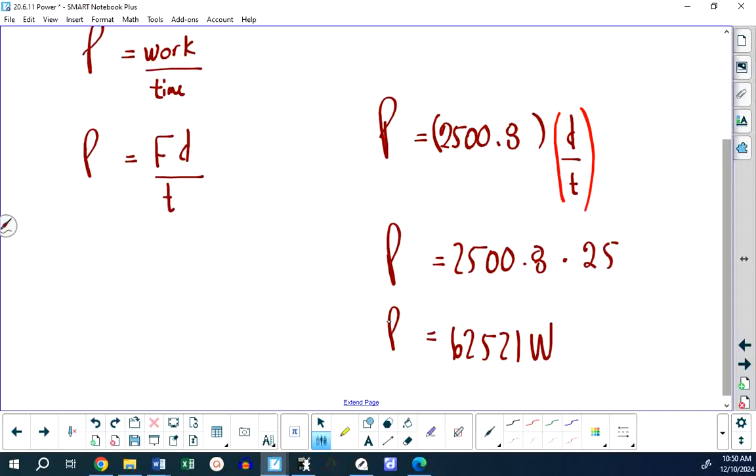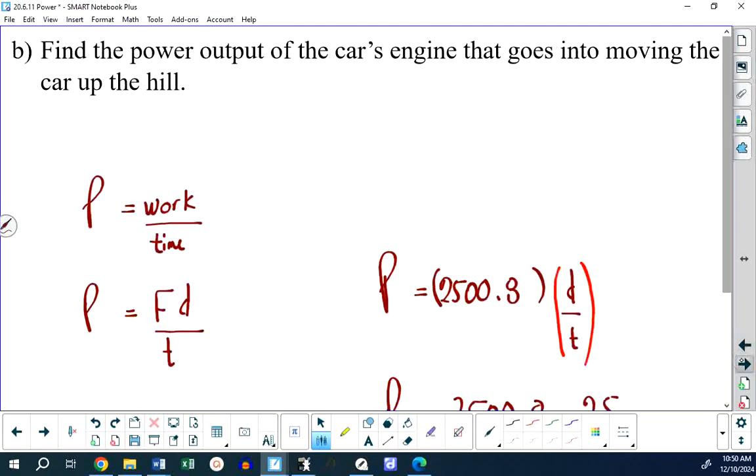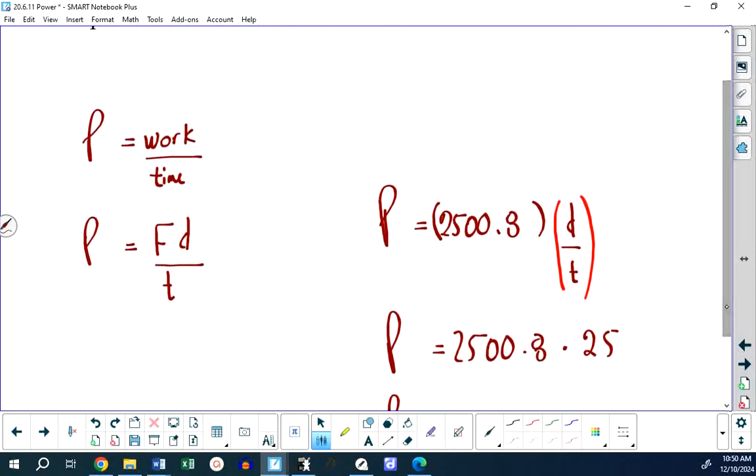And I think you're likely to see this on your unit exam, but maybe not with this much complexity to it. But if I told you that the force being applied up the hill by the engine was 2,500 newtons, this is a multiplication. If I told you the applied upward force, you should reason out that you have to multiply by distance and divide by time, but that means you have to multiply by speed.